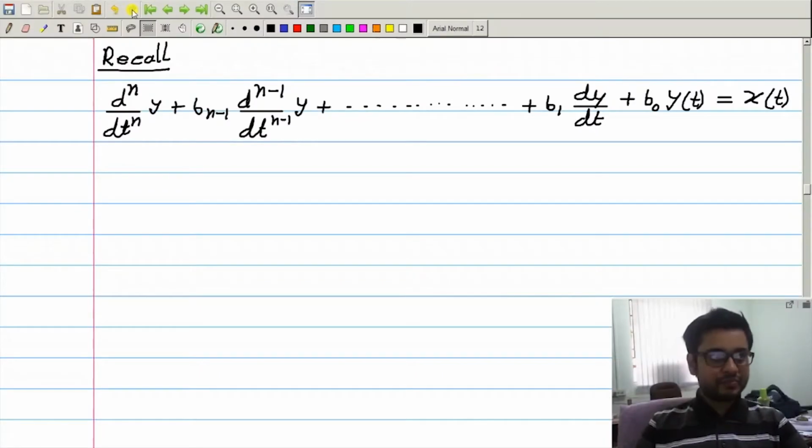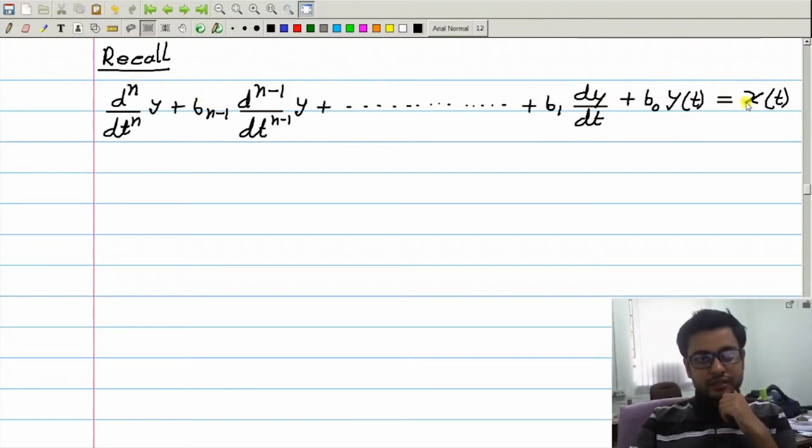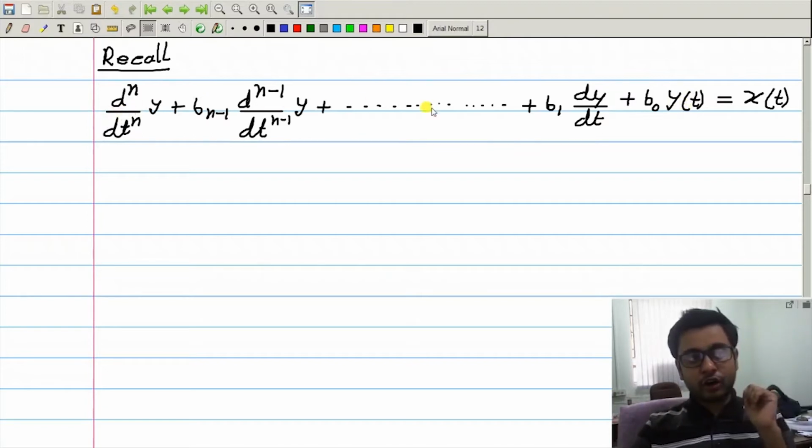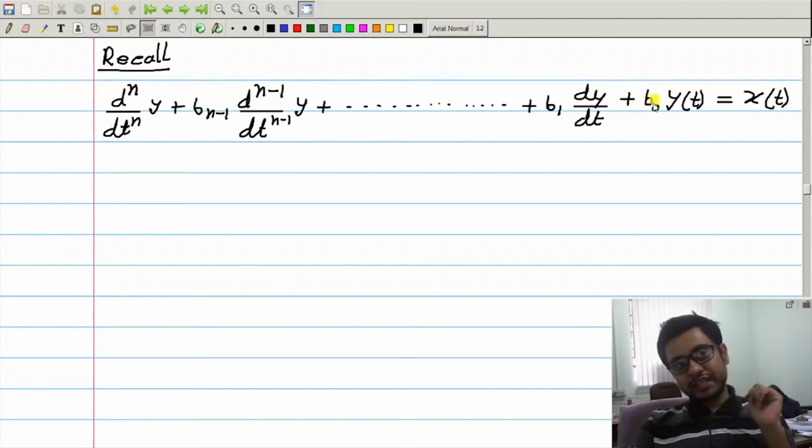Welcome back. Please recall that yesterday we have learned the input-output relation for many systems has the form of a linear ordinary differential equation like this, with these coefficients b0, b1, etc. being constants.